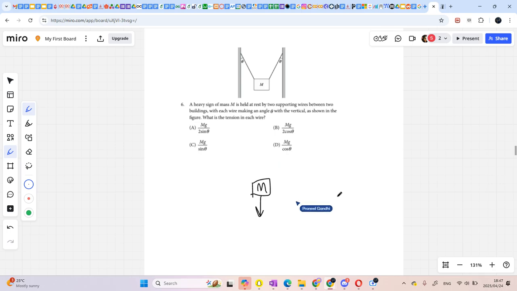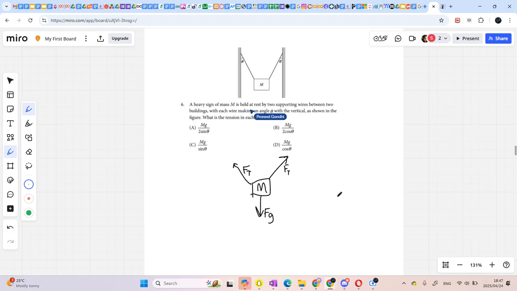So we have this mass M, and down we have the force of gravity, and then we have these two tension forces, and we know that they have to be equal to each other, because it's the same angle, and they're symmetrical.